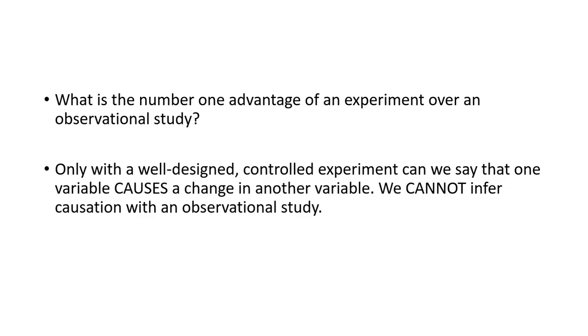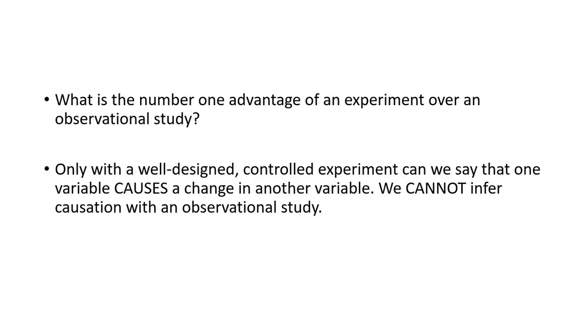All right, so what is the number one advantage of an experiment over an observational study? This is key. If it's well designed and it's controlled. Okay, so those are criteria that need to be met. You are able to use an experiment to find the cause of changing from one to another.